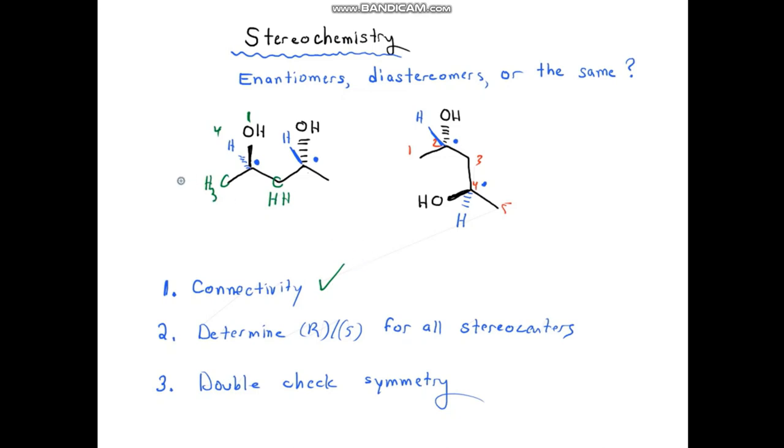I think you could probably see this immediately, but just to double check, put a little dot on these 2 carbons. Note that the carbon on the left is attached to 3 hydrogens, H, H, and H. And this carbon on the right is attached to 2 hydrogens as well as another carbon. So it's going to be higher priority. This CHH beats HHH. So this is going to be priority number 2. And CH3 will be priority number 3.